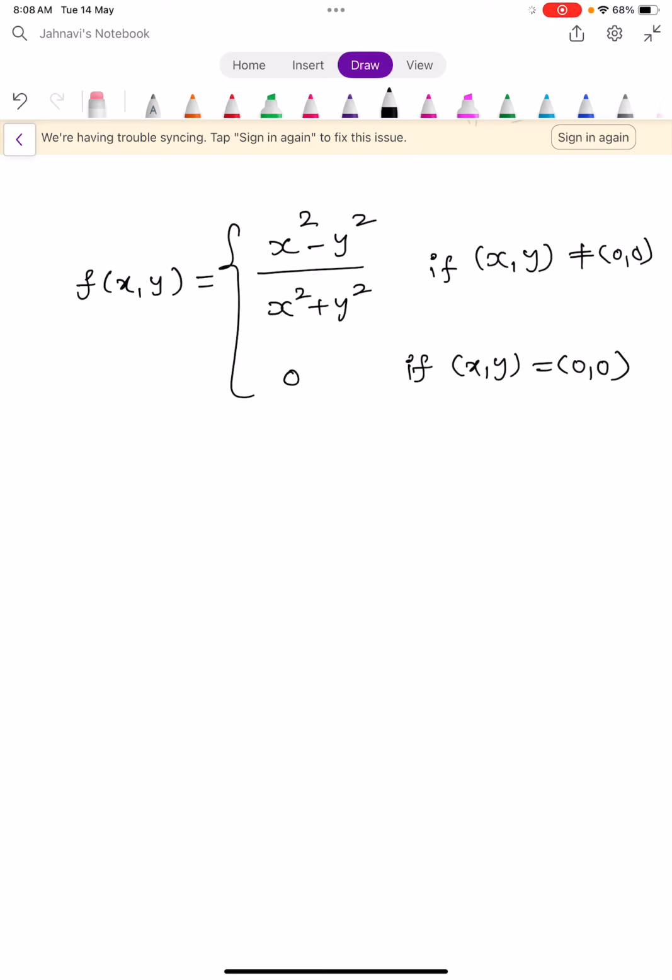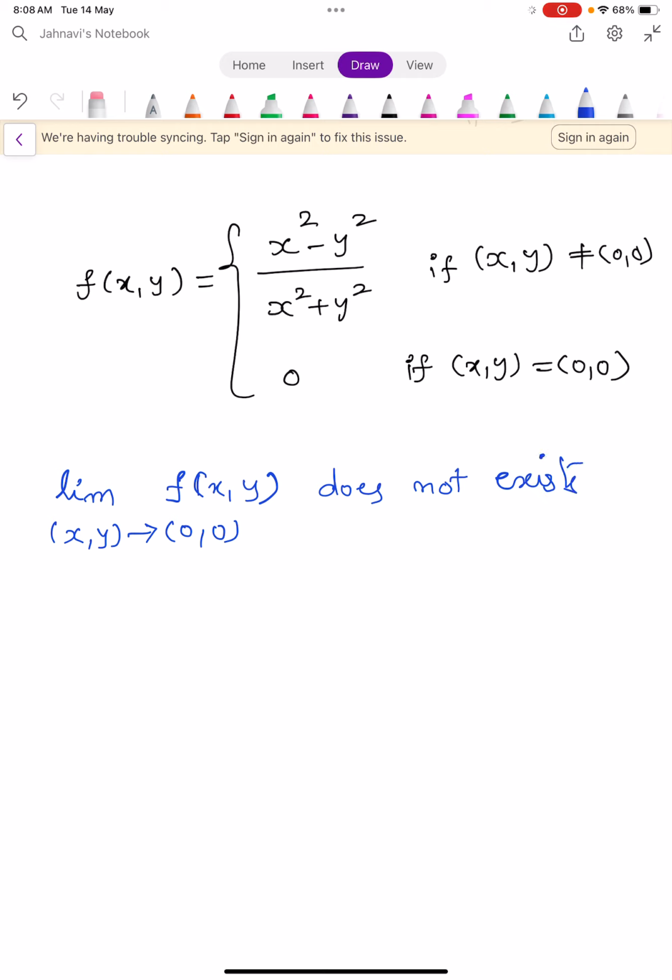It is very clear. From this definition we conclude that limit x comma y tends to 0 comma 0 f of x comma y does not exist. The limit at 0 comma 0 does not exist. Therefore we conclude that f of x comma y is not continuous at the origin, at 0 comma 0.